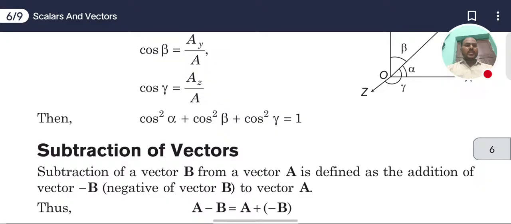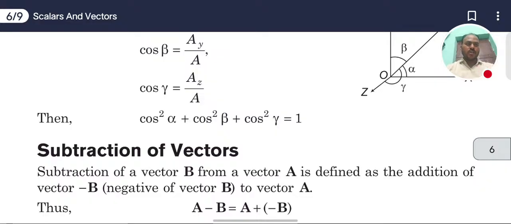Today in this live session I taught you about the addition of vectors, as well as the properties of vector addition and types of vector addition. We discussed three types: first the triangle law of vector addition, second the parallelogram law of vector addition, third the polygon law of vector addition.